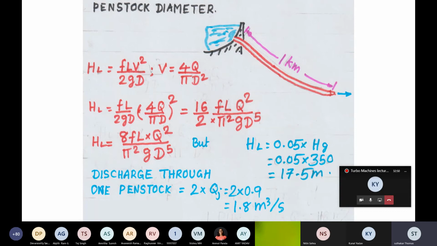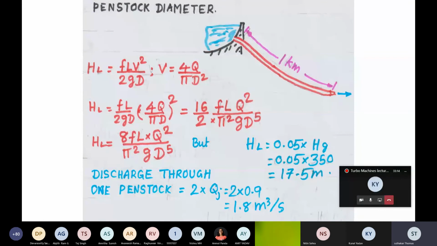Now V can be substituted in terms of the discharge, so that you get the final equation for head loss as 8 f L Q square by pi square g d power 5. Now head loss is given, it is 5% of the gross head, so 0.05 into 350, which amounts to 17.5 meters.